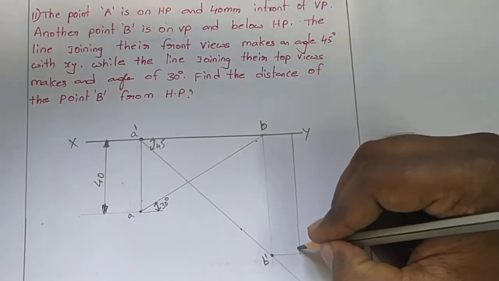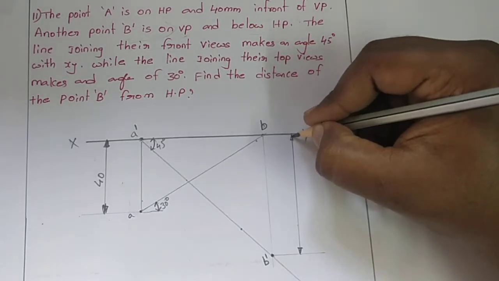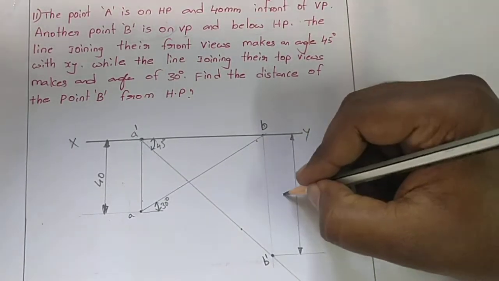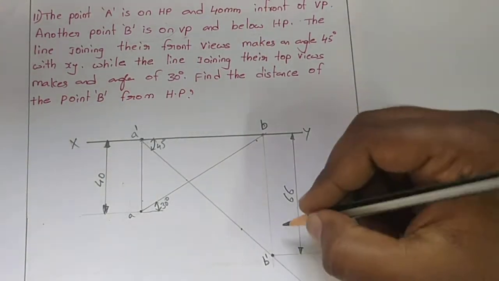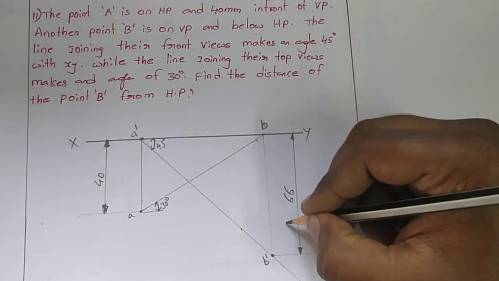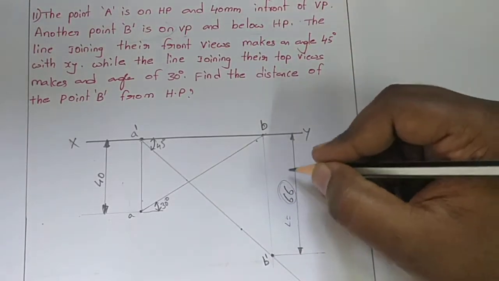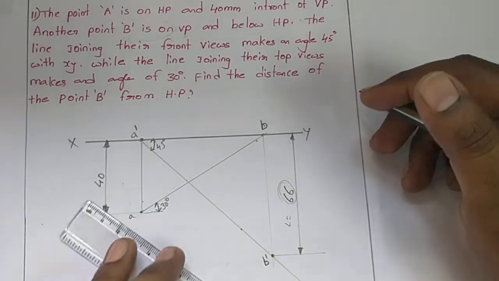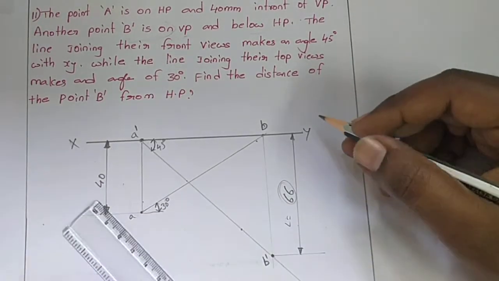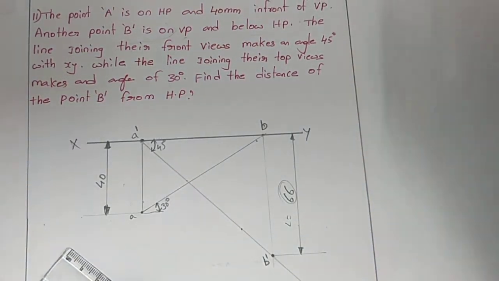We got the distance of point B, placed 66 mm from the reference line. We need to calculate this distance. We calculated this value; it was not given. Like this we need to calculate the distance of point B from the horizontal plane.